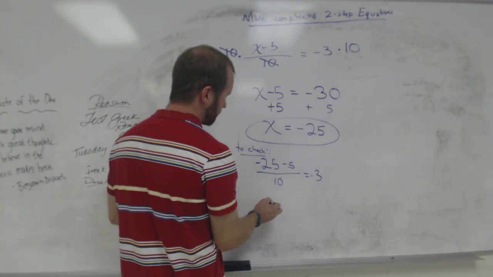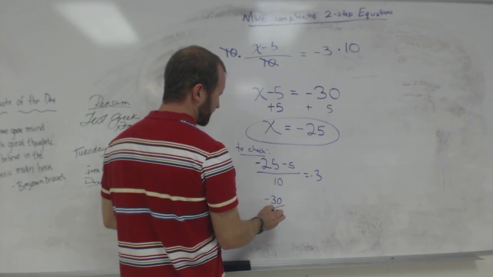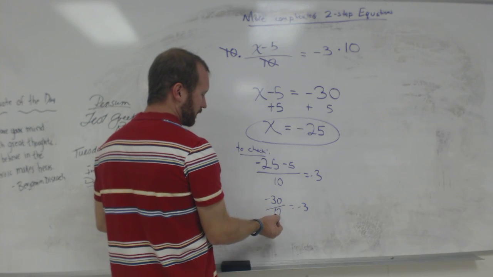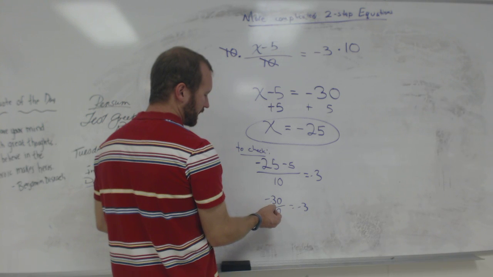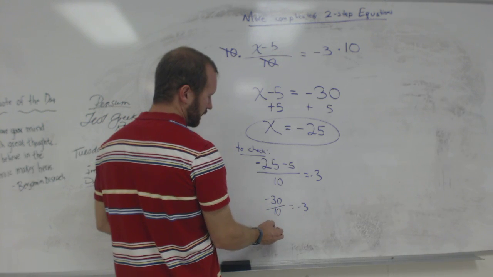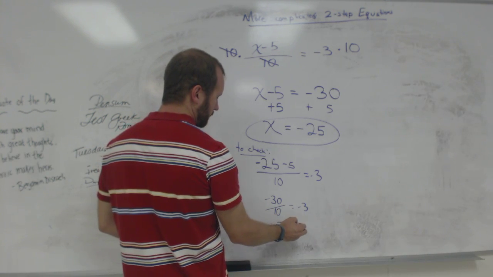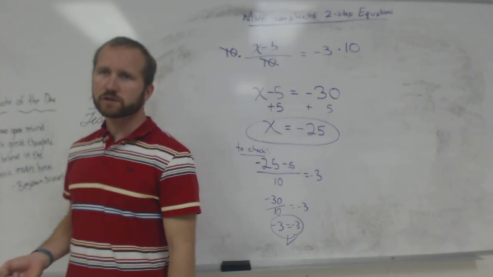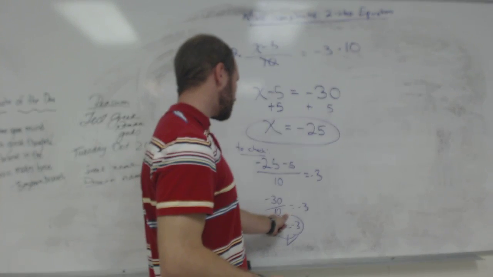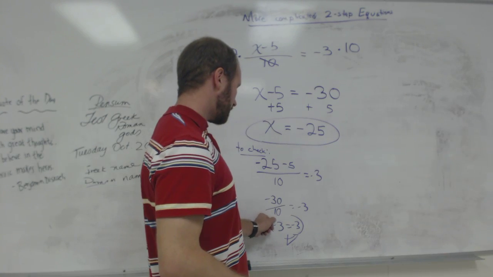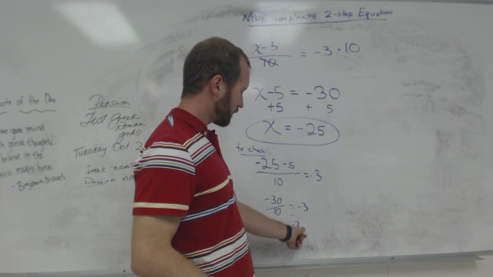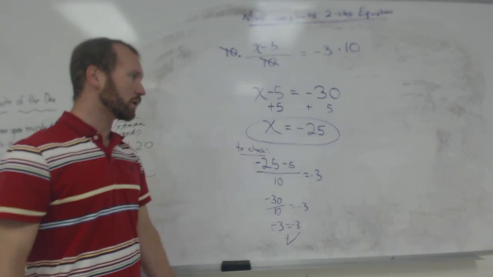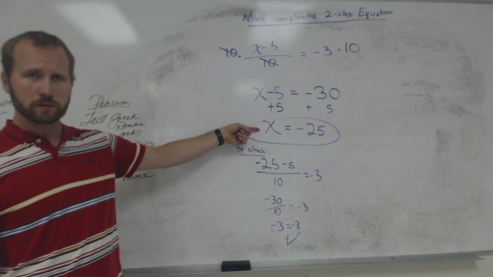Negative 30 over 10 equals negative 3. Negative 30 divided by 10 is negative 3. It checks. So my answer, x equals negative 25.